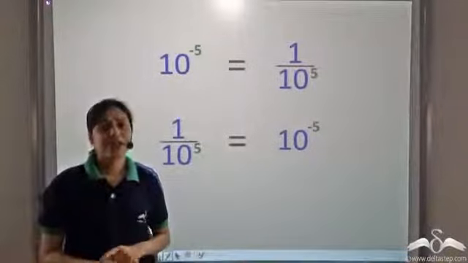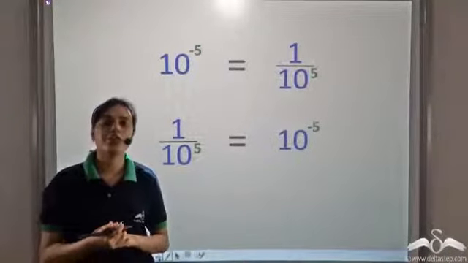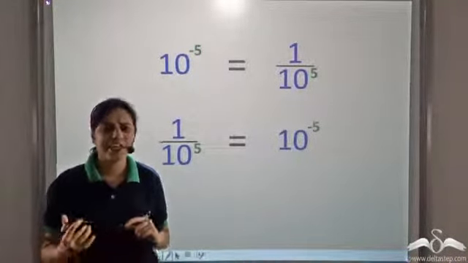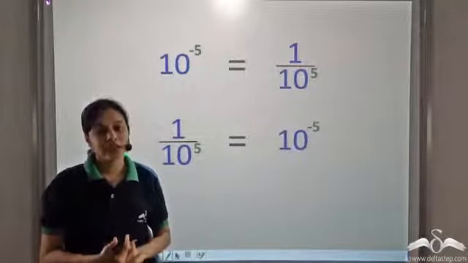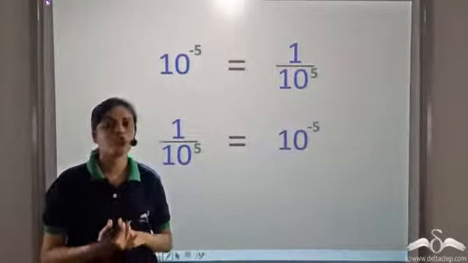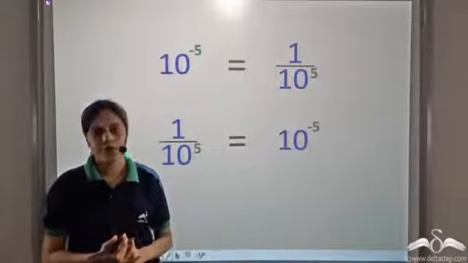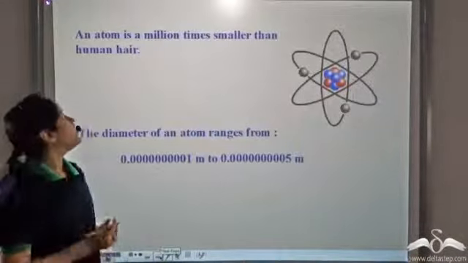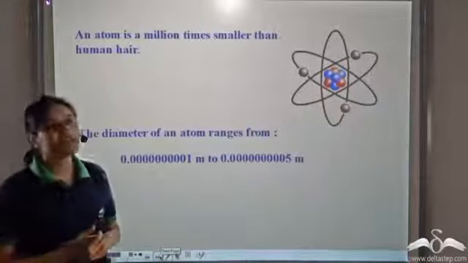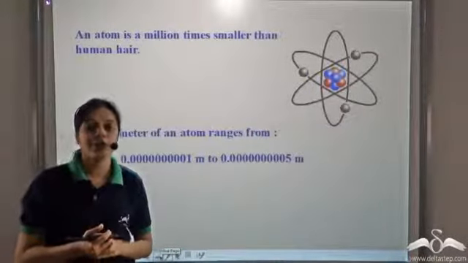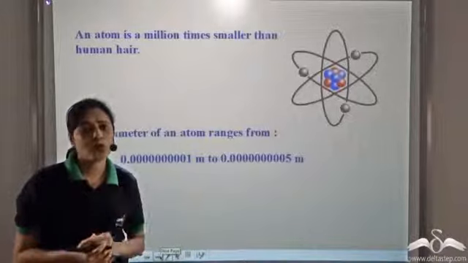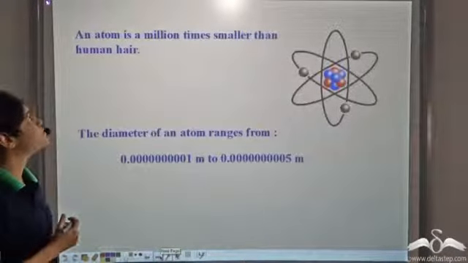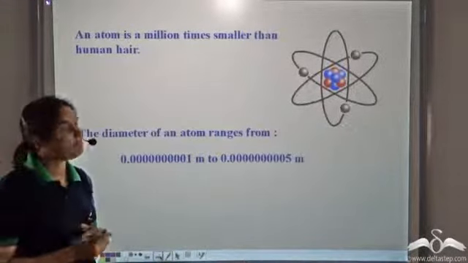Now just like positive exponents are used to represent very large numbers, negative exponents can be used to represent very small numbers. For example, the size of an atom. An atom is 1,000,000 times smaller than human hair. So it is so small that it is 1,000,000 times smaller than human hair.